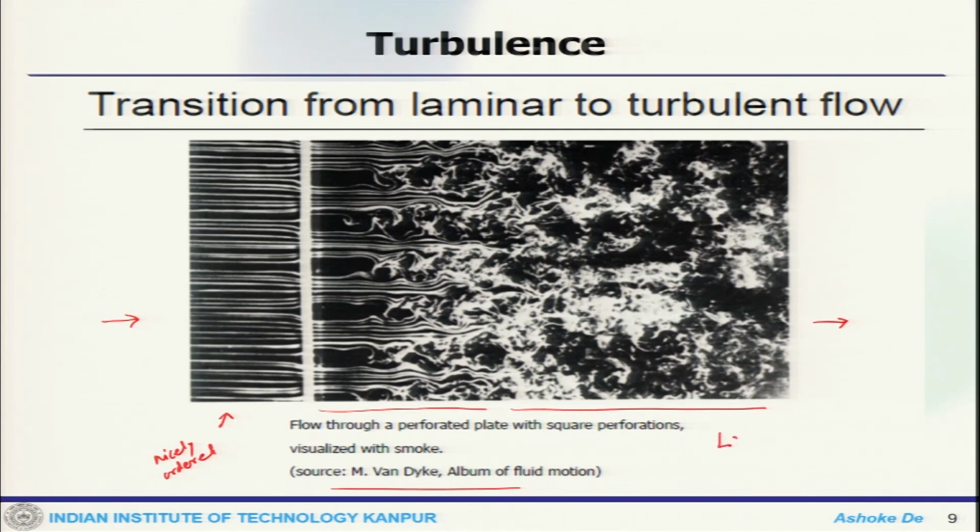So, the flow initially is laminar, then it becomes transitional. In transition it will behave with both laminar characteristics and turbulent characteristics, and then it finally becomes turbulent.